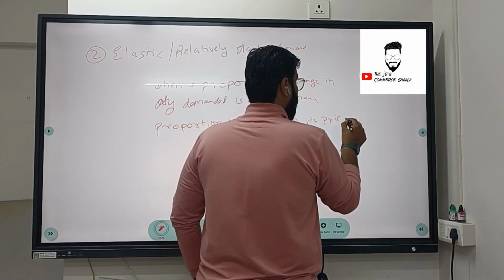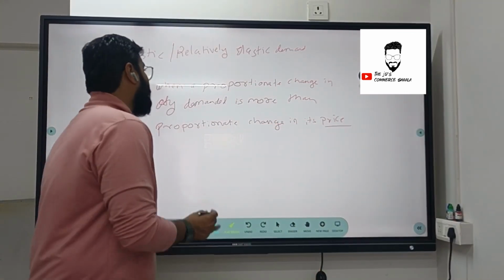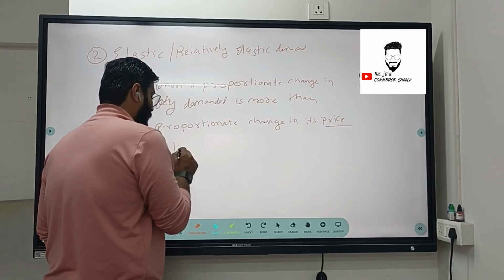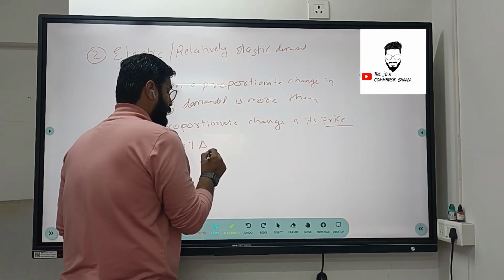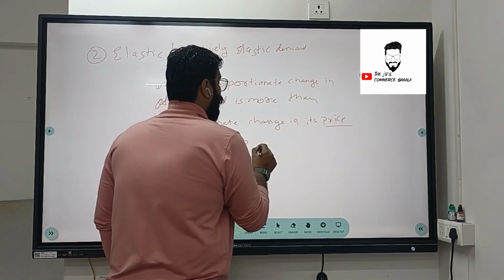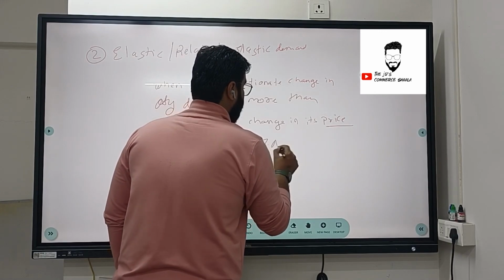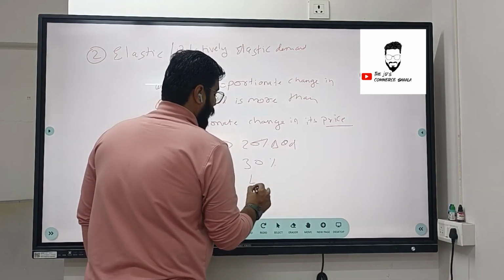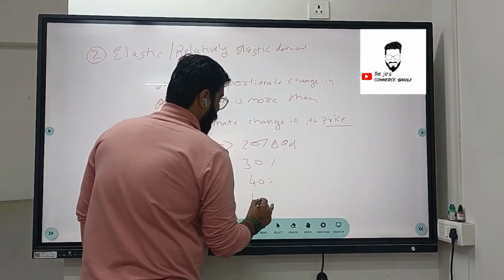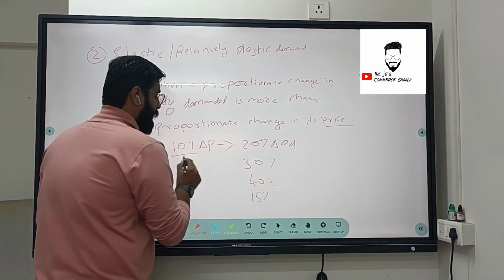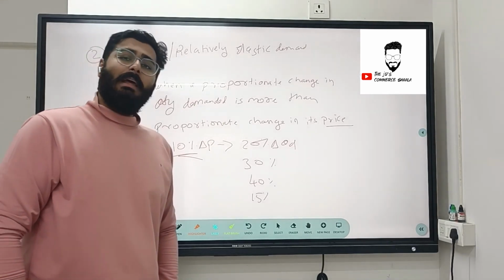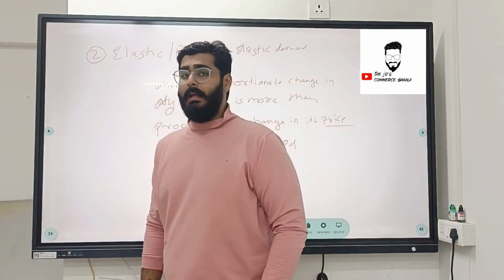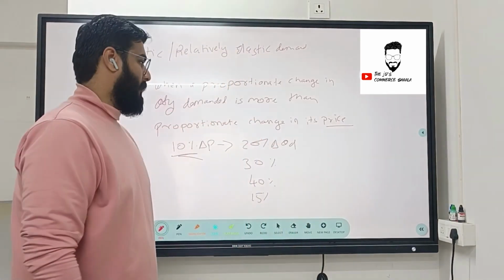That means in response to price, the percentage change in demand is more. Say for example, a 10% change in price brings a 20% change in quantity demanded, or 30%, or 40%, or even 15%. It is more than 10%, yes, then it is called elastic demand or relatively elastic demand.